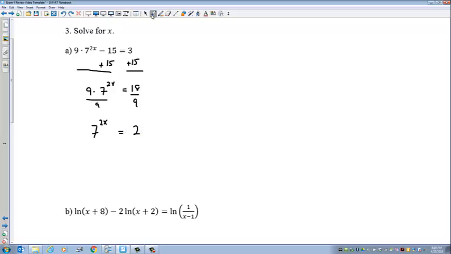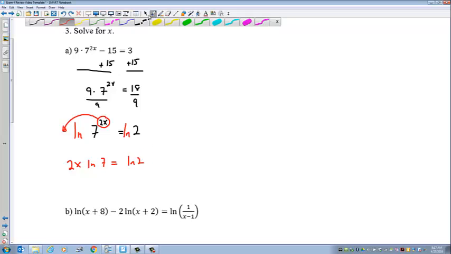Now I can take out my ln function, which undoes exponents. And you can use any log, but we always just use ln's to try to get more comfortable with them. But you can use log base 10, you can use log base anything, really. And then this 2x, it's really that third property we talked about before, comes down in front. And so we get 2x ln of 7 equal to ln of 2.